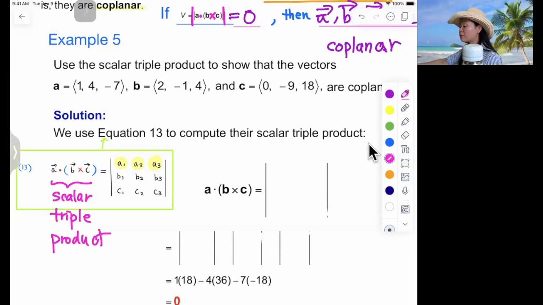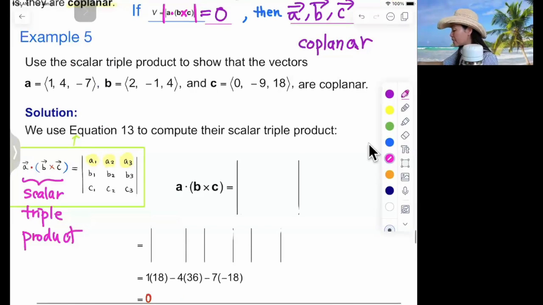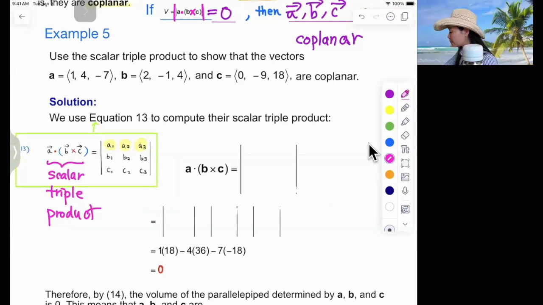Now how do you do the scalar triple product? You put the components of A, components of B, components of C, like this, right? Let's fill this in. What should I put in the first row? In this case, what's A1? 1, 4, negative 7, right? And then B: 2, negative 1, 4, and then what else?